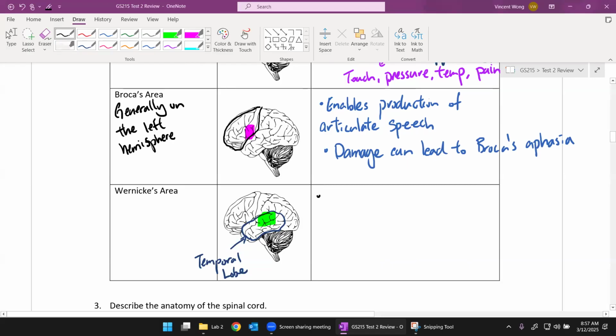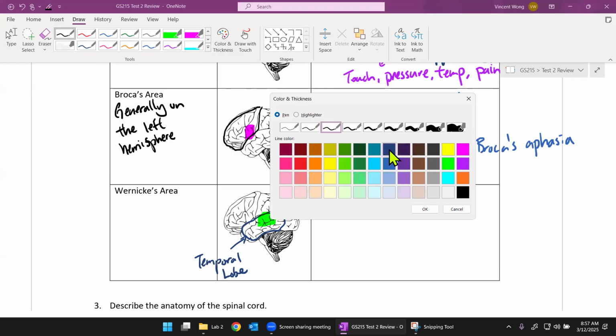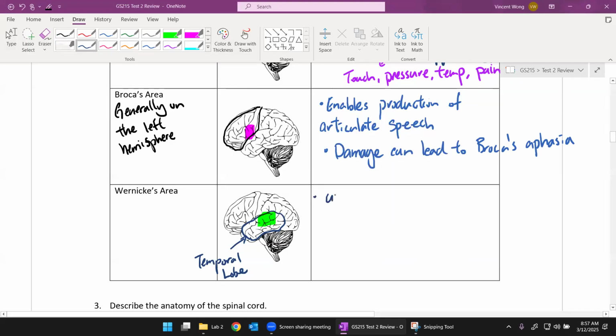So this allows you to understand speech and written communication.